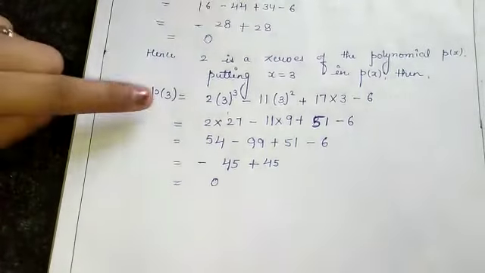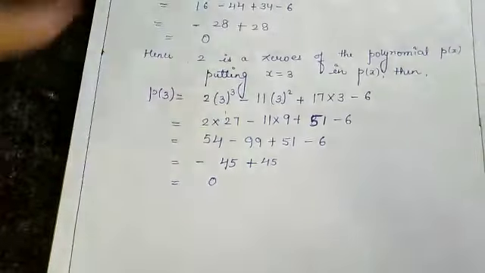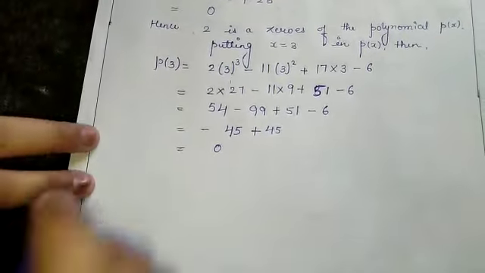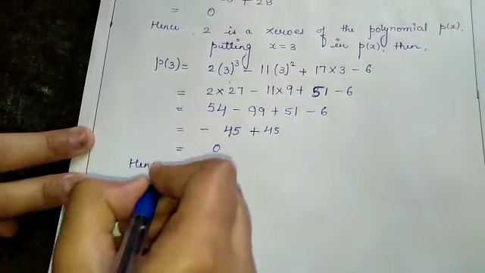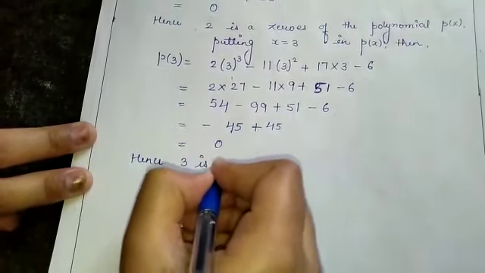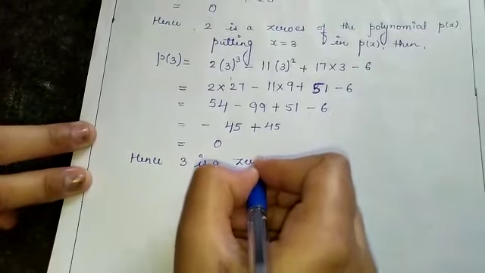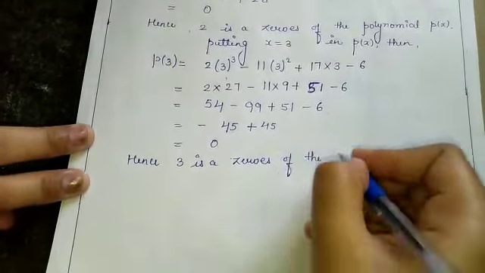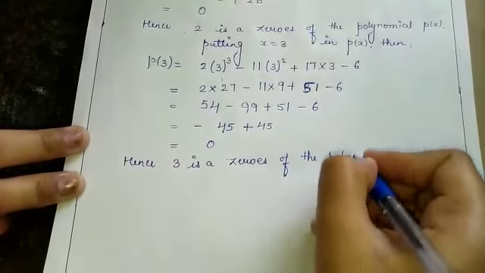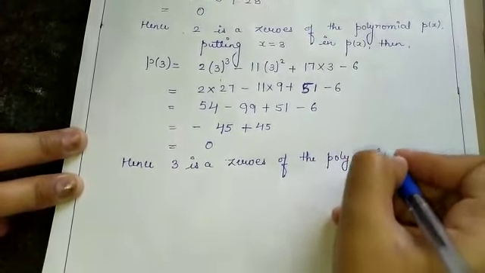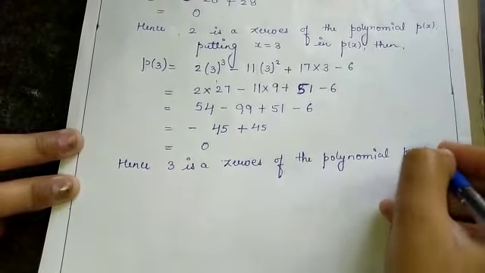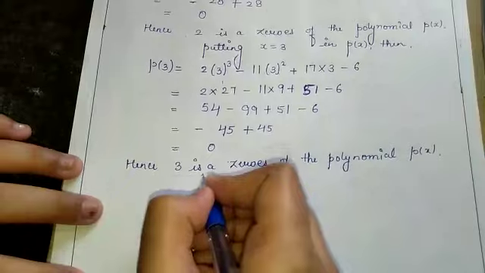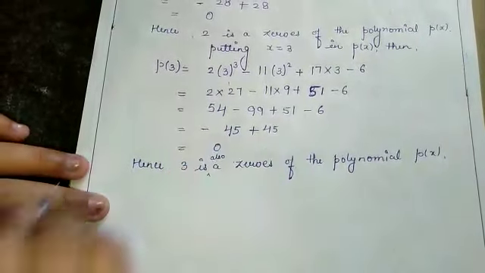So 3 is also a factor of the above polynomial, right? Hence 3 is a zero of the polynomial p(x) as well.